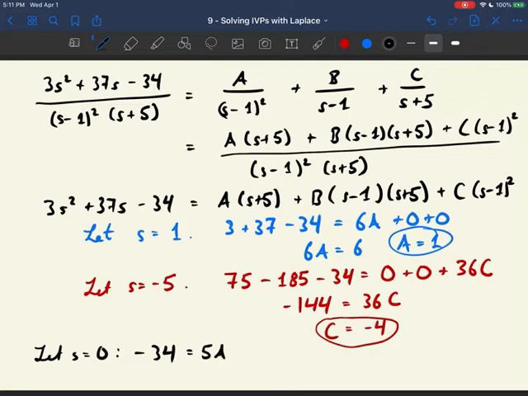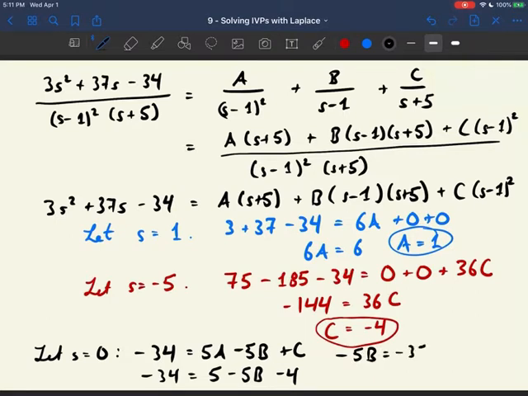And when I do that, I get -34 equals 5a minus 5b plus c. And I know that a is equal to 1 and c is equal to -4. So -34 equals 5 minus 5b minus 4.